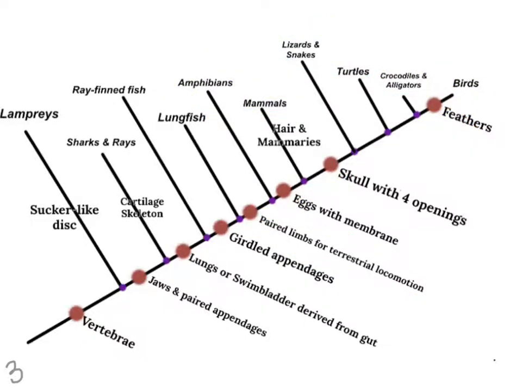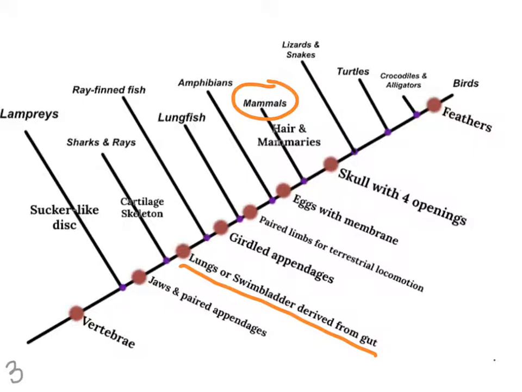Quiz time! Do mammals have lungs or a swim bladder that is derived from gut material? This characteristic. Well, do they appear to the right of that point on the cladogram or above it? They do. So, yeah, they have lungs or a swim bladder derived from gut material.